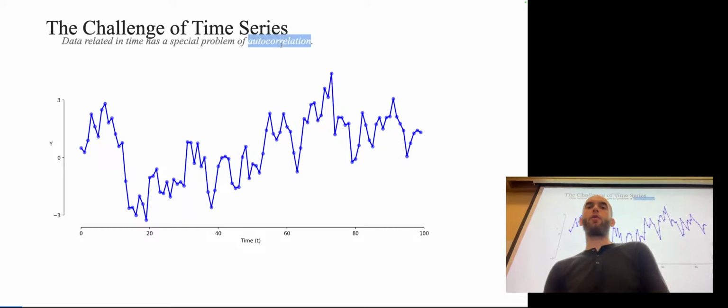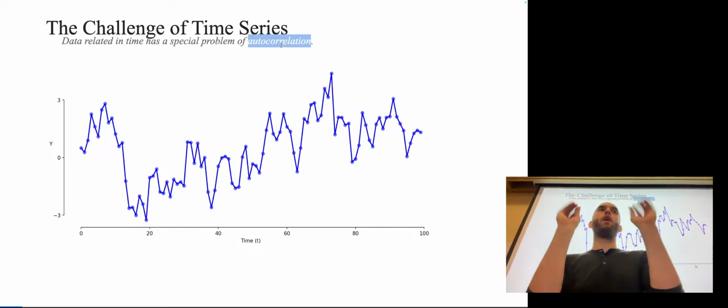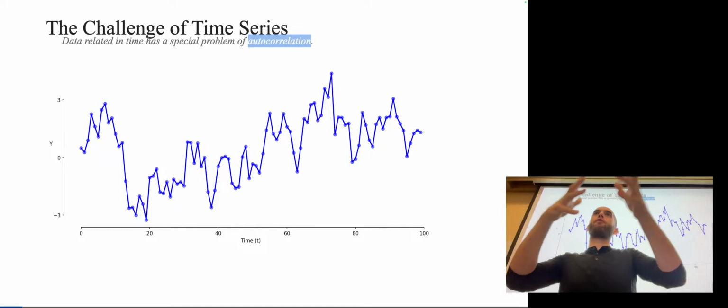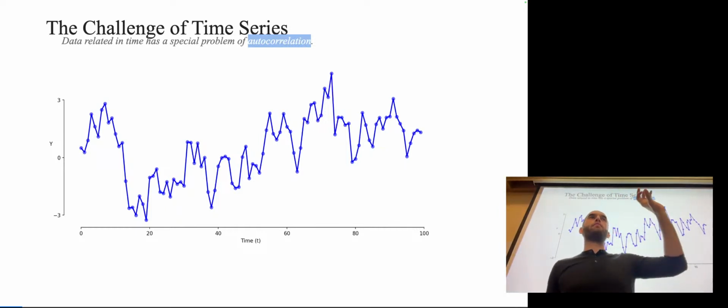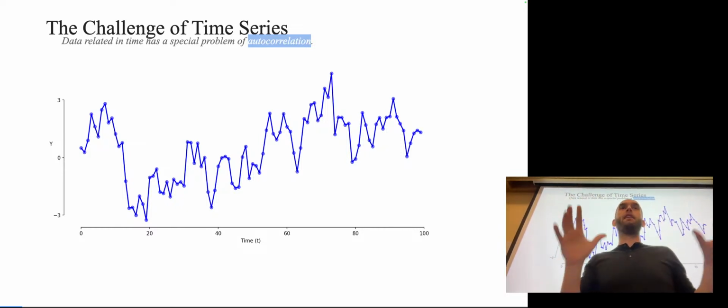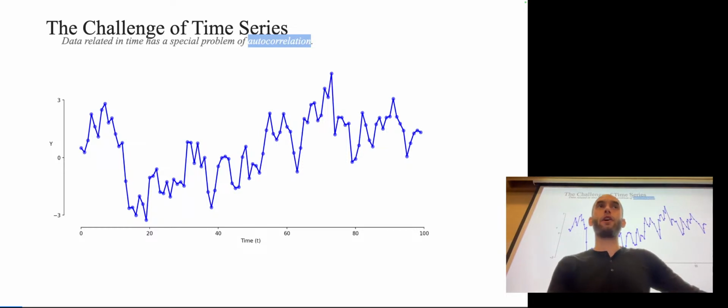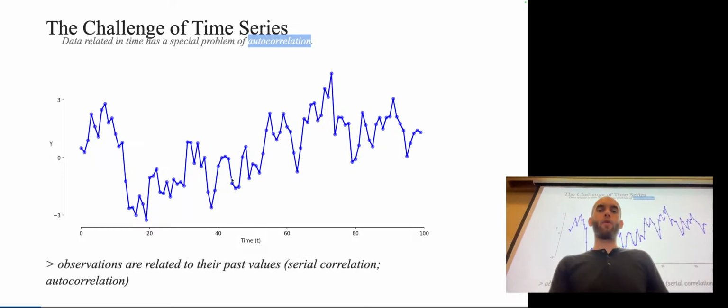This is what we call autocorrelation, with auto being self-referential. So we have this data problem where the sequence is more closely related to the data before and after it in the sequence than it is to the sequence overall. And I'm going to show you a picture of why this is a problem in a second. We sometimes call this serial correlation.